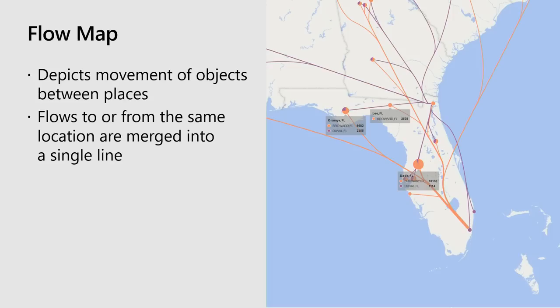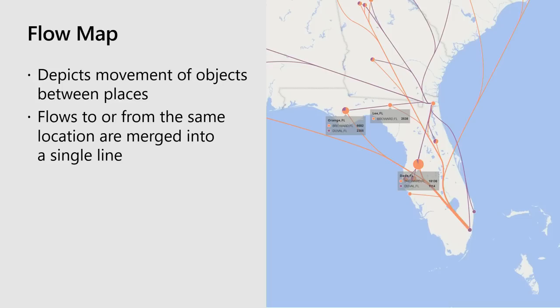So the first 2, flow map and route map, are created by the same author. And these are great visuals. They're built on top of the Bing Maps API. The flow map is really designed for showing the amount of movement between a location and lots of other locations.